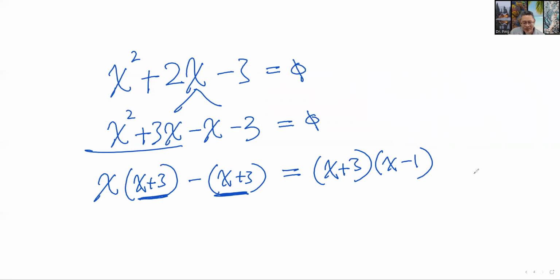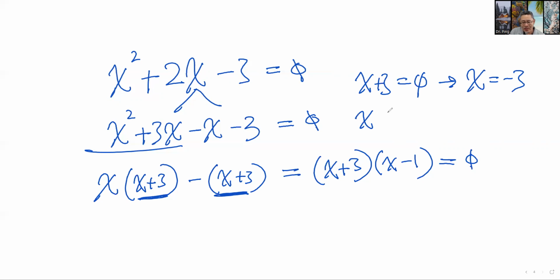Now we know this is equal to 0, so either x plus 3 equal to 0, that gives us x equal to -3, or x minus 1 equal to 0, that gives us x equal to 1.